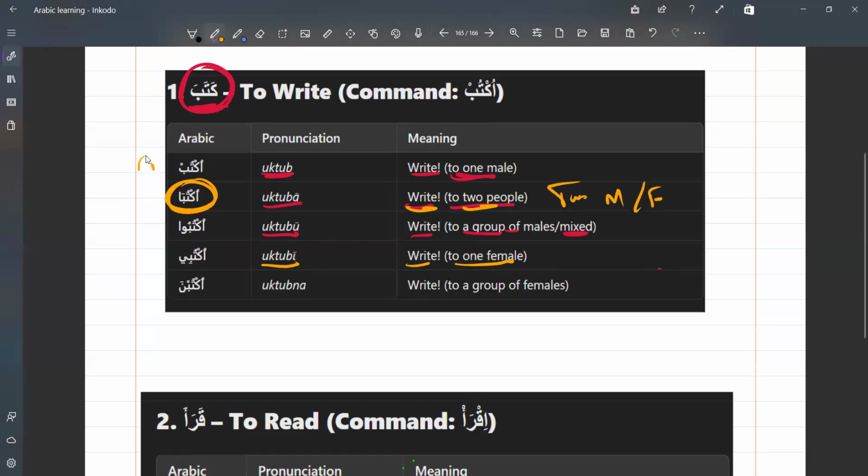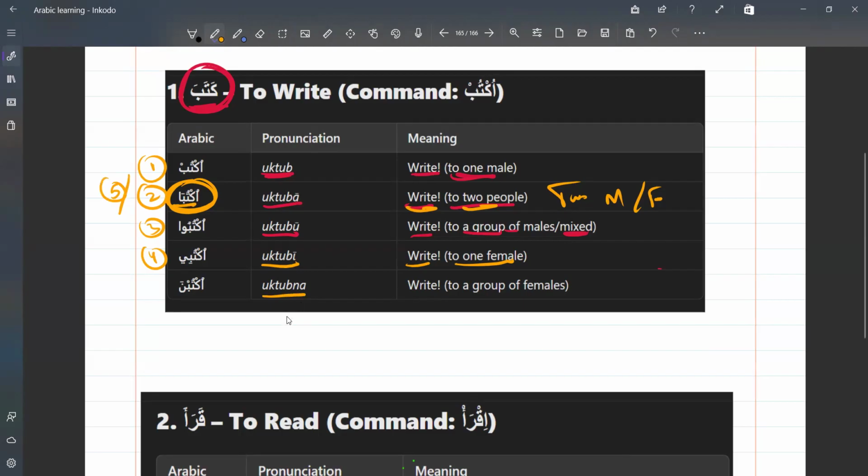So Uktub, Uktuba, Uktubu, Uktubi, Uktubna.